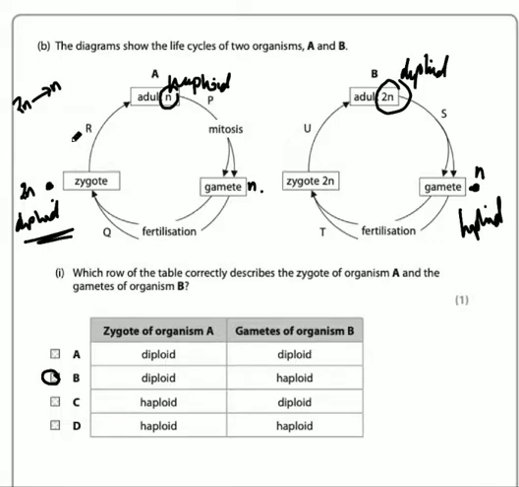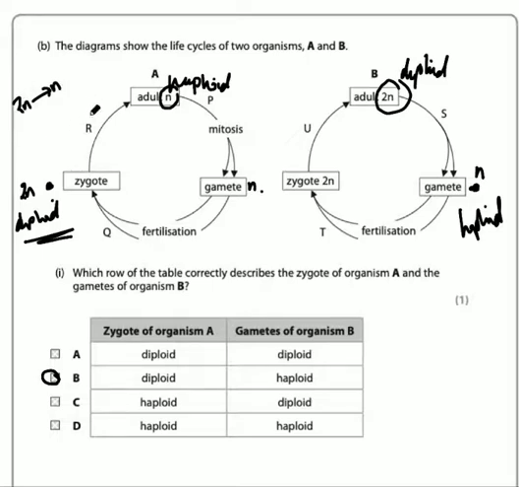So if we look at A, we have haploid, continuation to haploid, and then fertilization, so diploid, and now back to an N, a haploid. So our zygote was 2N, and now it's gone back to N. This has occurred.